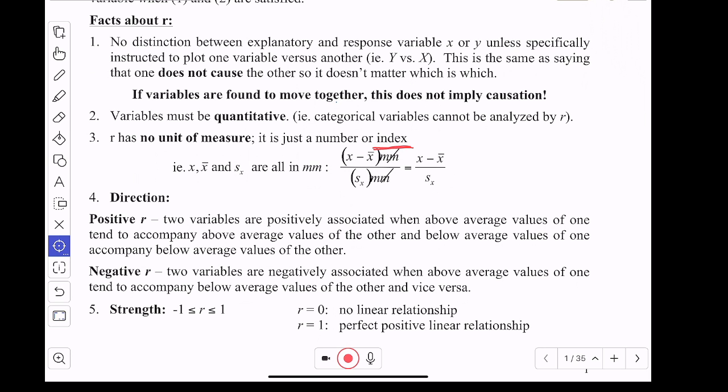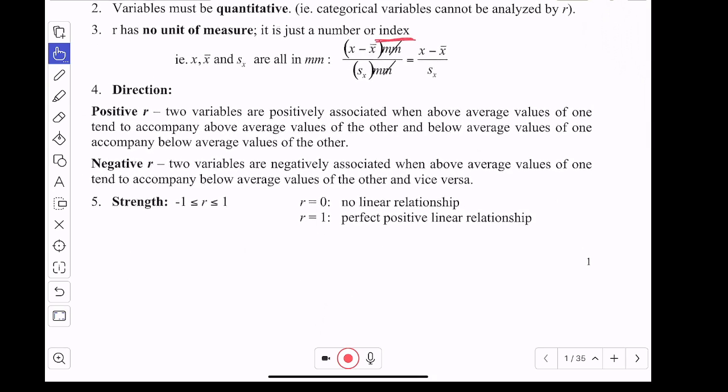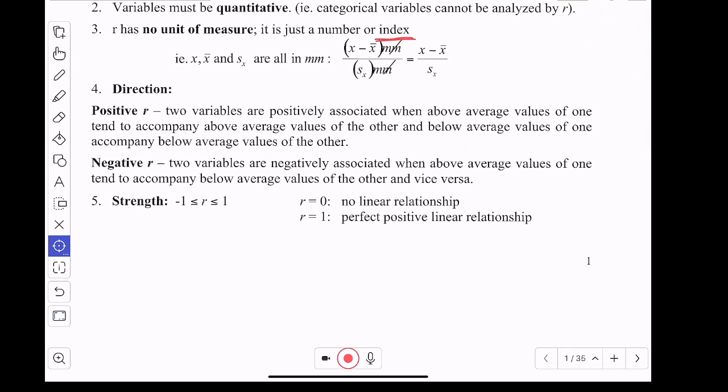Strength, we've already discussed this. So R is between -1 and 1. R equals 0 is no relationship. The most positive would be on a perfect line. In that case, R would be 1. So the magnitude of R tells you how well the observations fit on a line.